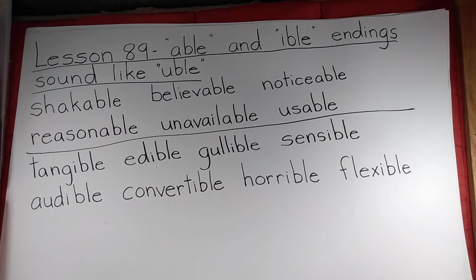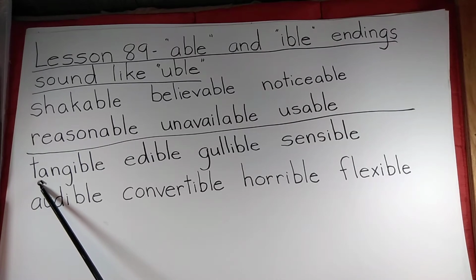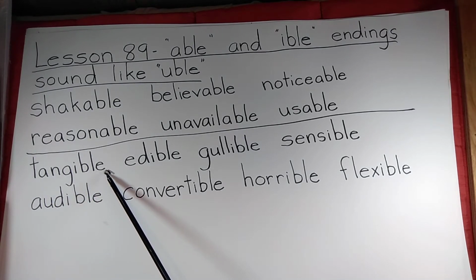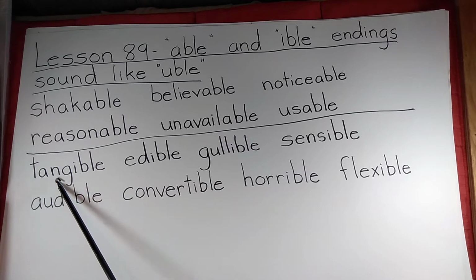Now we're going to do the I-B-L-E ending words, still pronounced a bull. Students, say these before I do. Tangible. By the way, I've not said this before, but it's kind of interesting.